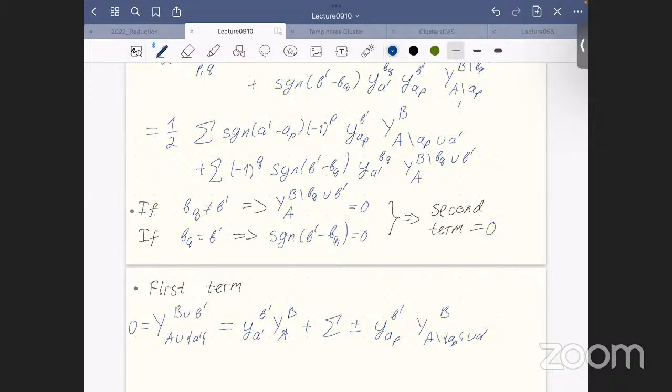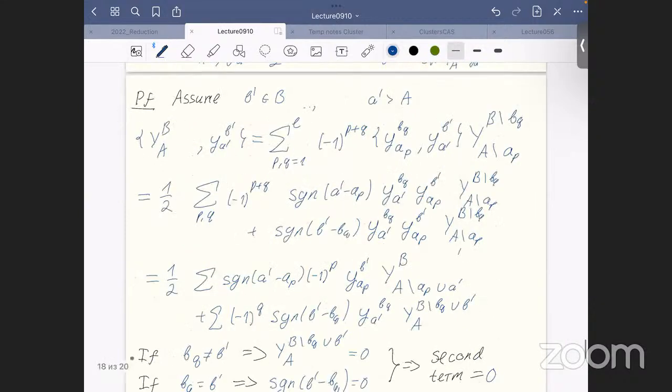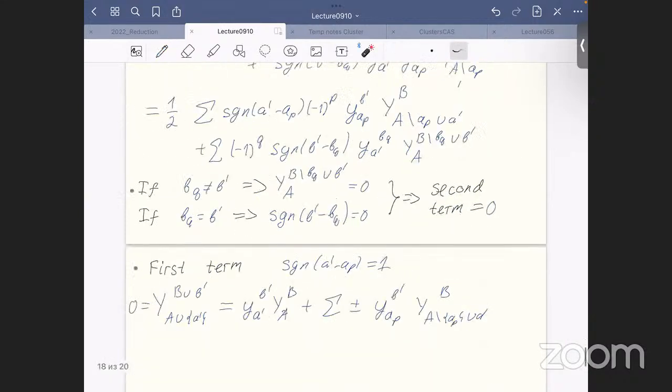So this sign, a' and a_p is equal to 1, as we assumed from the very beginning. So this is not important, and this sign is (-1)^(p+1). So all this sum is actually equal, up to some sign, to this term.